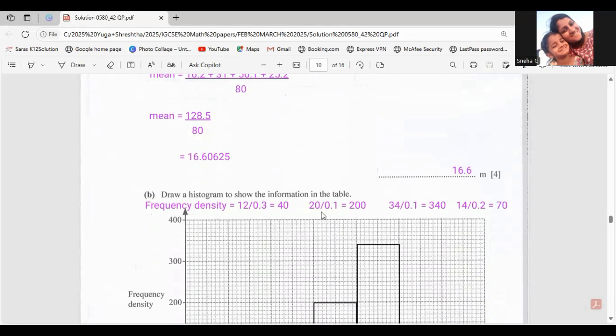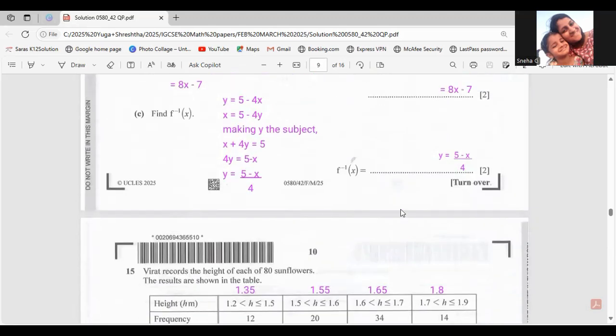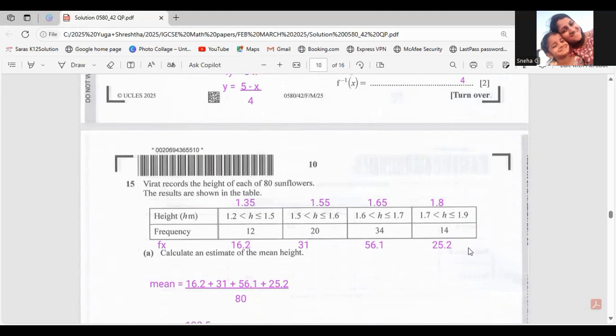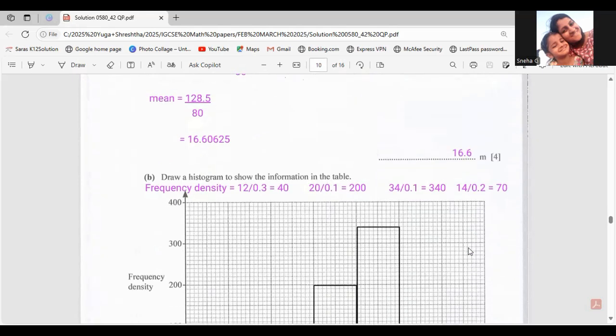In the second case, it gives me 200. In the third case, it will give me 340, because here it is 1.5 to 1.6, so the class width is 0.1. Here also the class width is 0.1. And here the class width is 0.2. So 14 divided by 0.2 gives me 70.